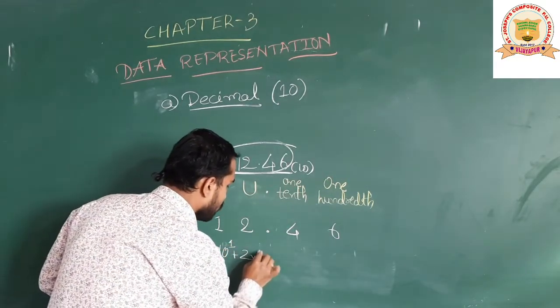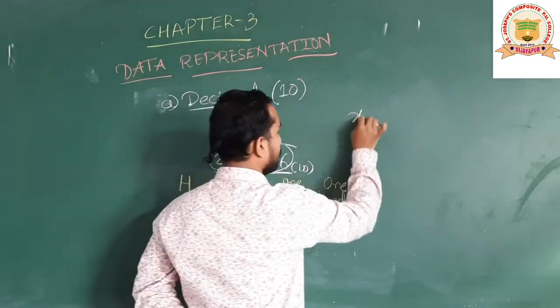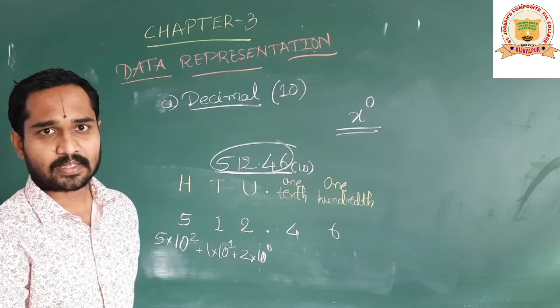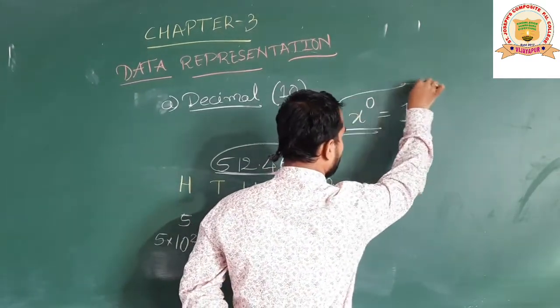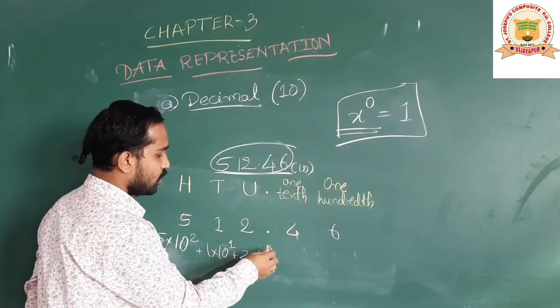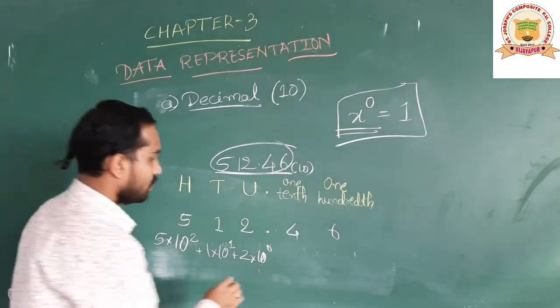And here 2 into 10 raised to 0. Anything raised to 0, the basic maths, any number x raised to 0 is always what? 1. Okay, we know this. So 2 into 10 raised to 0, 10 raised to 0 means 1, 2 into 1 means 2, right?